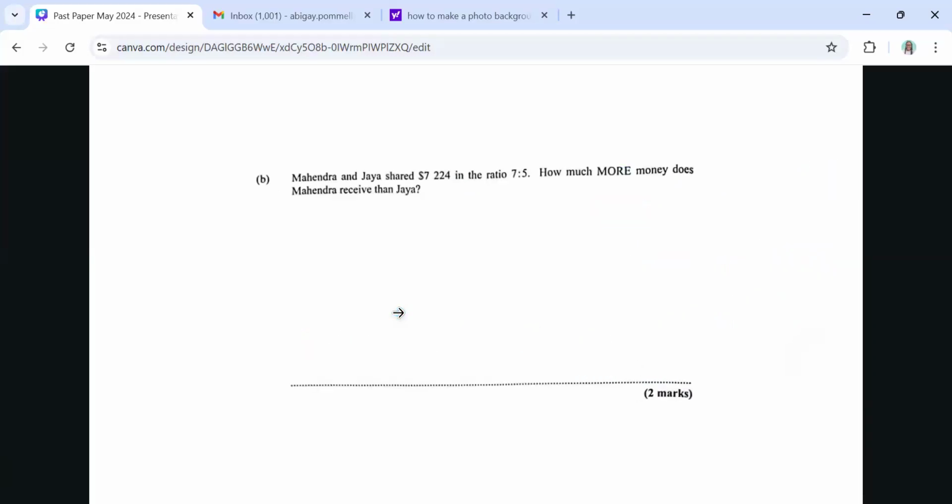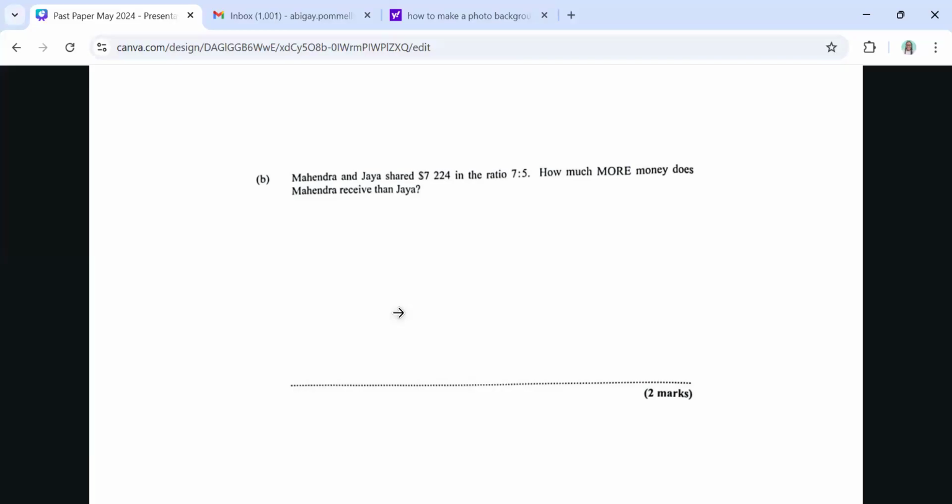All right, and we have now here Mahendra and Jane share 7,224 in a ratio 7 to 5. How much more money does Mahendra receive than Jane?